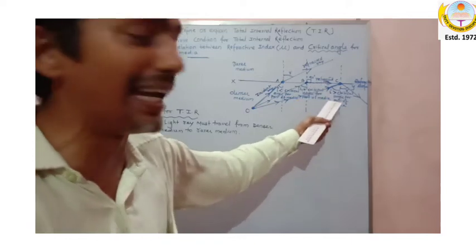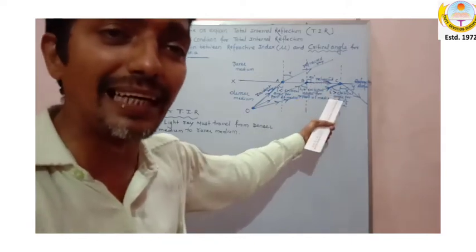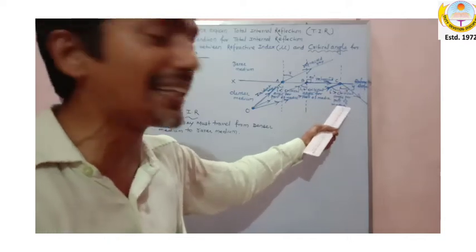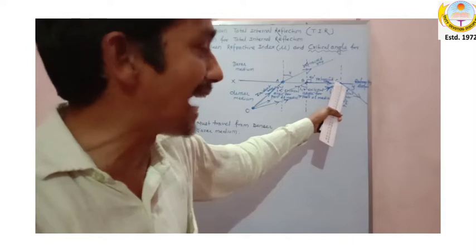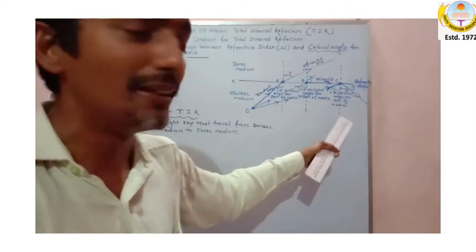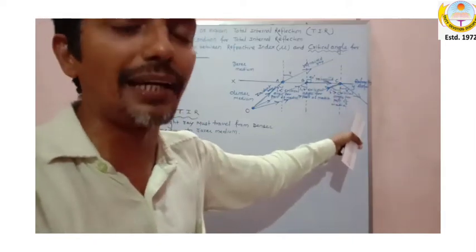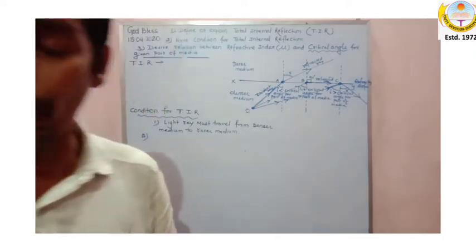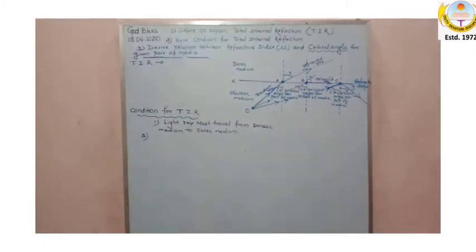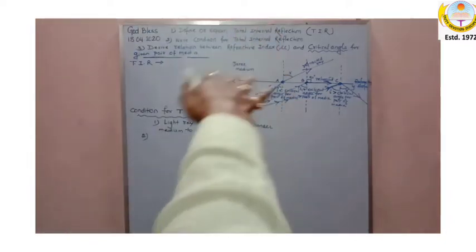And in the third case, the angle of incidence in the denser medium is greater than the critical angle for the pair of media. In that case, the total light will be internally reflected back in the same medium. So I will pause the video for 2 minutes. If you wish, draw the diagram and then I will explain what we have studied from the diagram.